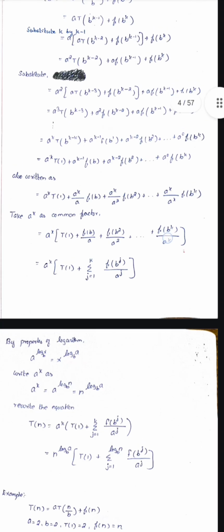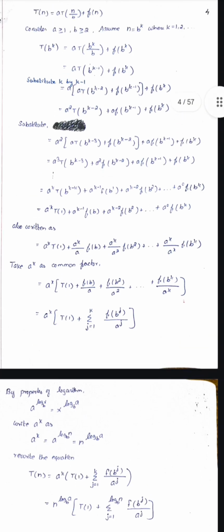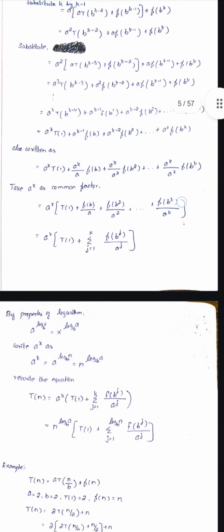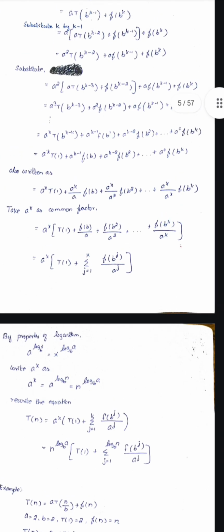Substituting this, we get aT(b^(k-1)) = a(aT(b^(k-2)) + f(b^(k-1))) and T(b^k) = a^2 T(b^(k-2)) + a f(b^(k-1)) + f(b^k).